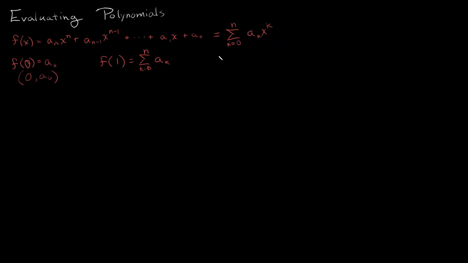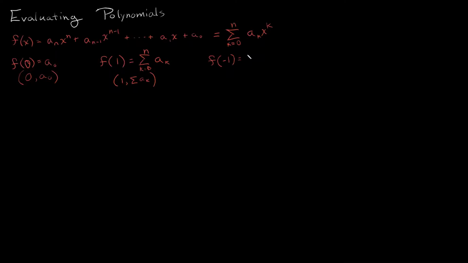It's just the sum of the coefficients. And before I show you negative 1, think about that. This one is 1 comma the sum of the a sub k, which is a little bit less pretty than this number. But this is an easy point to find on the graph as well.